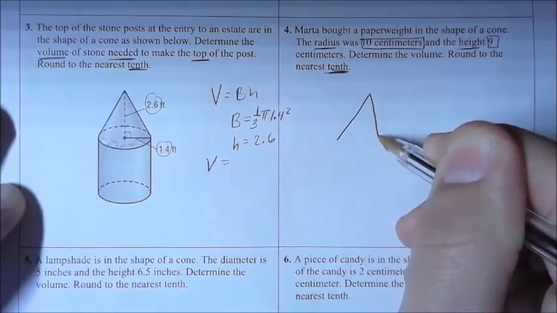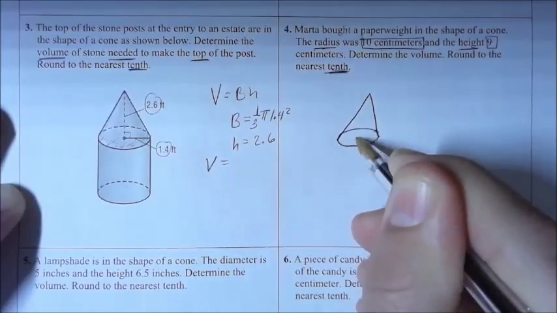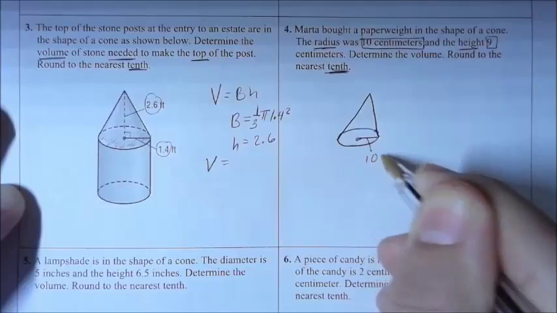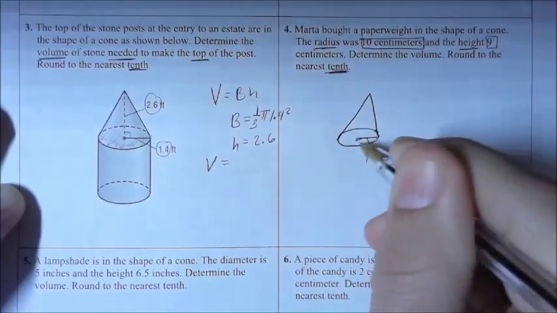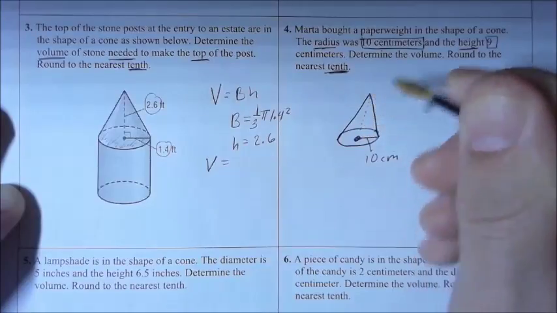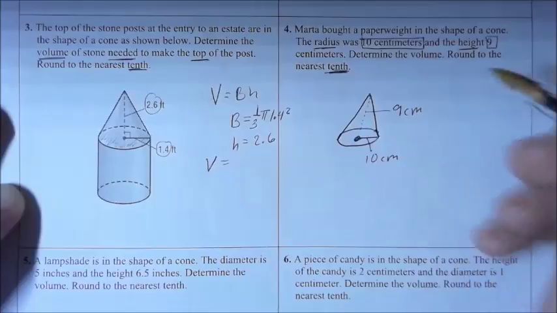So I'm imagining it's going to be sitting on the base. It says it had a radius, so there's my radius, of 10 centimeters. And it had a height, if we go from here all the way to the top, of 9 centimeters.